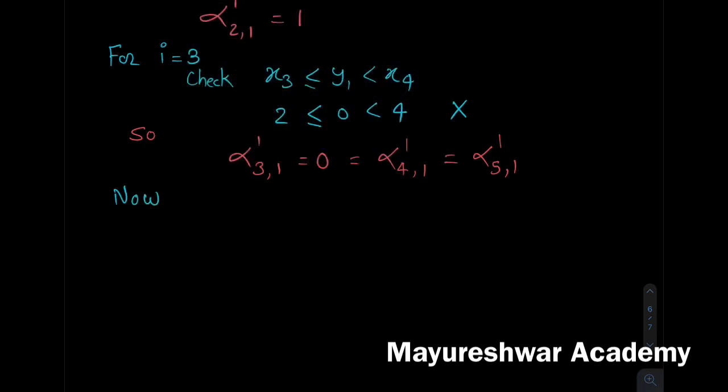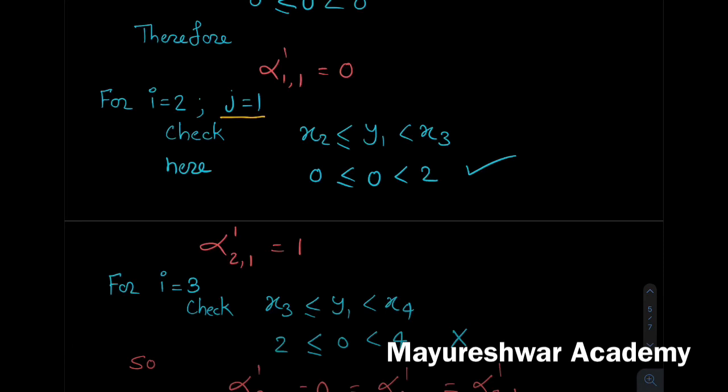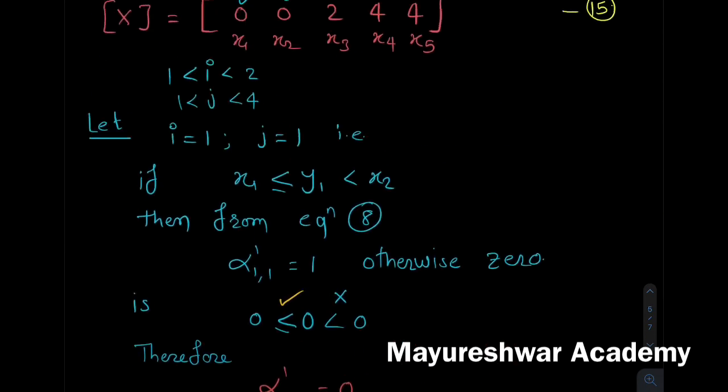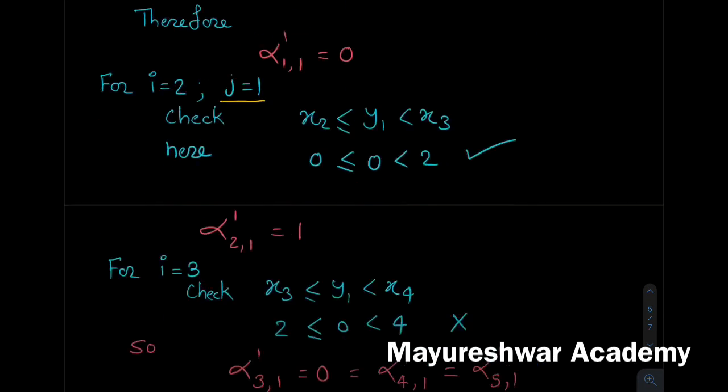The condition is failed. Now for j equal to 2, we are referring to y2, because for j equal to 1 in the earlier case it was y1. Now we are trying to see which region y2 belongs to. If we look at the vectors, we know that y2 is 0 and it naturally belongs in between x2 and x3.